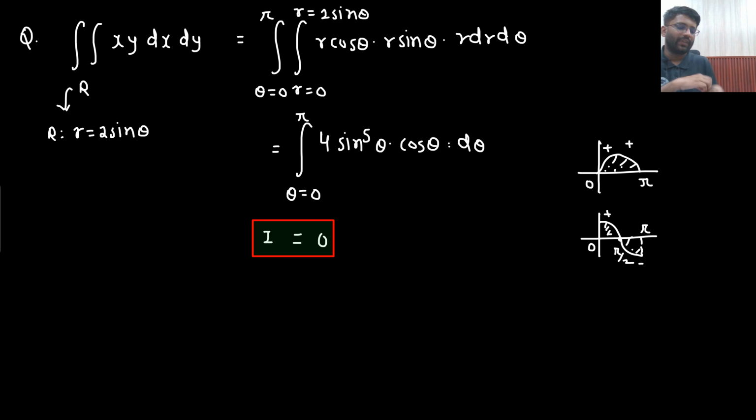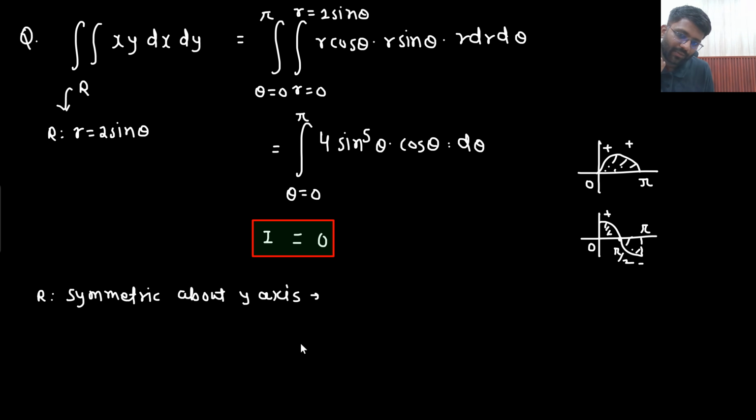So when your region R is symmetric about the y-axis, then what conclusion can you make? The conclusion that I can make is, for this region R, the integral of x to the power p dx dy would come out to be 0, where p is odd.